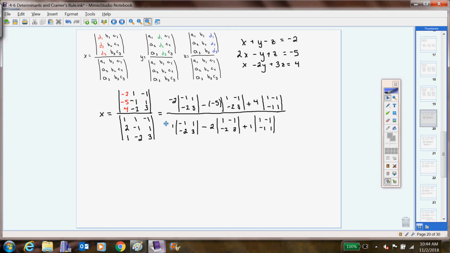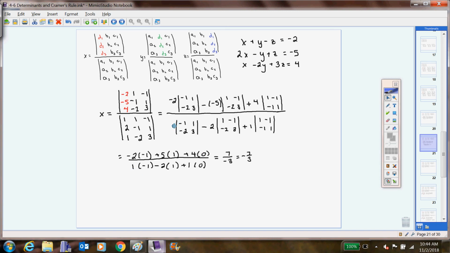And then mathematically, this part's easy because it's just negative 2 times negative 3 minus negative 2, plus 5 times 3 minus 2, plus 4 times 1 minus 1. And then similarly for the denominator.